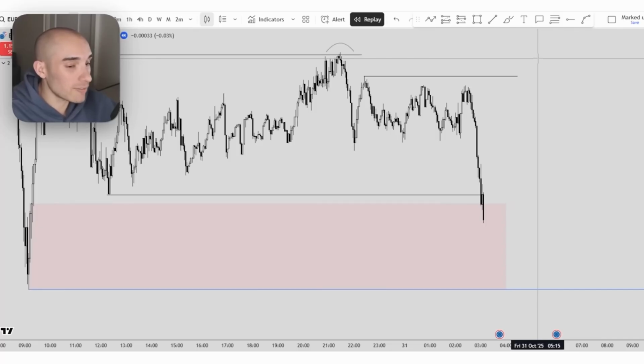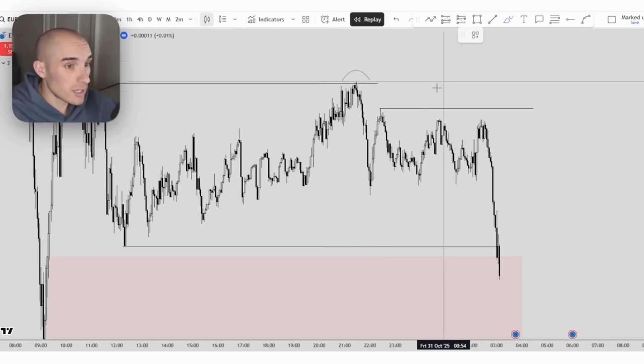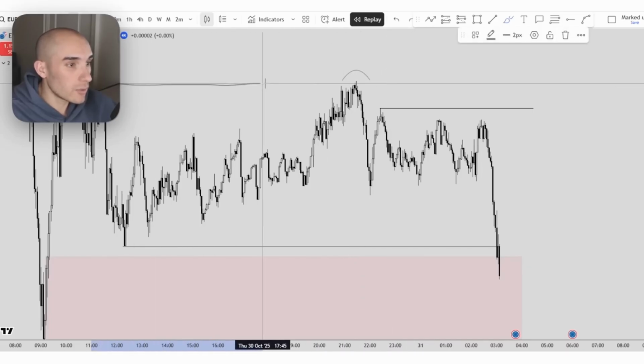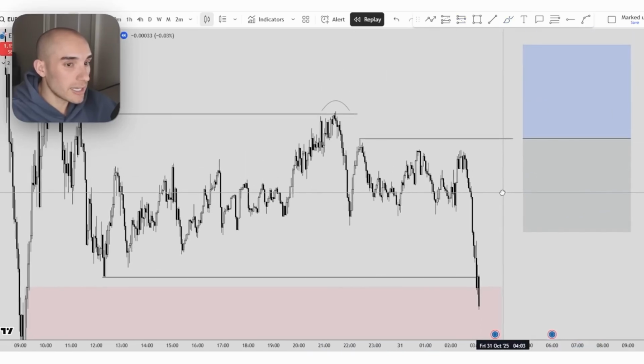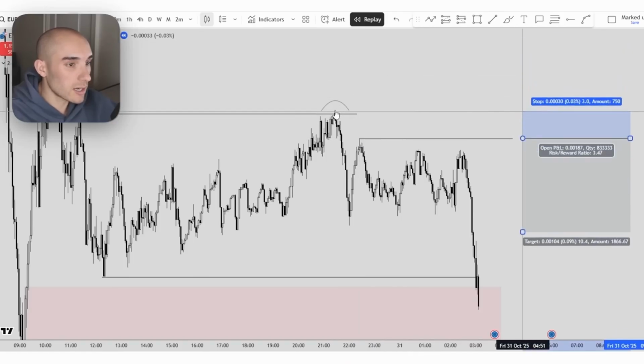We need to make sure we have liquidity to the downside. And check this out. Coincidence? We have liquidity built, and right above it, we have our liquidity block. Why is this a liquidity block? Very simple. We grab a level of liquidity and we move away to the downside. Entry number one, and I think we can all agree now, is going to be right above this high, just like this, with the stop loss covering the high.